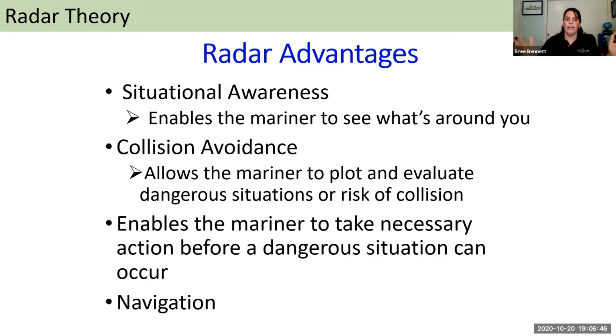How can I see what's going on in this situation? So identifying risk of collision is huge, and that's what we're going to focus on. It enables the mariner to take necessary action before we get into a dangerous situation.